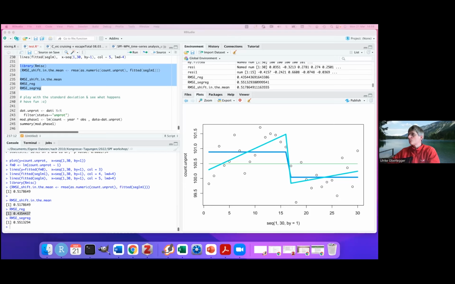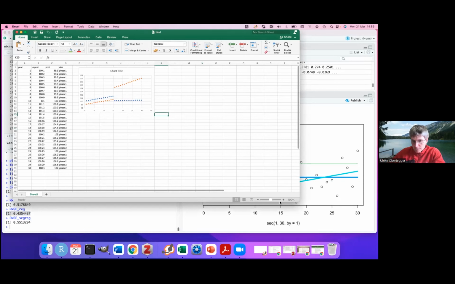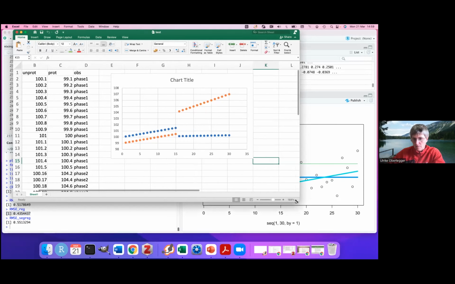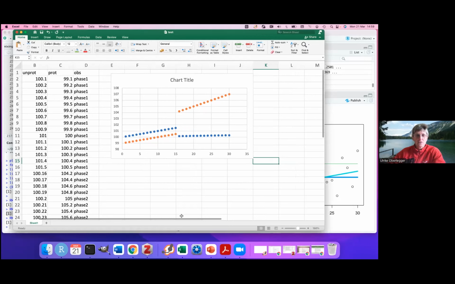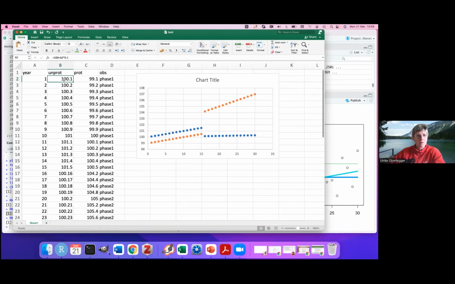It's time to go back and see how I created this data, if Excel lets me do this. Come on. Okay, now it's possible. So here you see the data that I created. I created them with the strategy that for phase one, I wanted to have an increase.